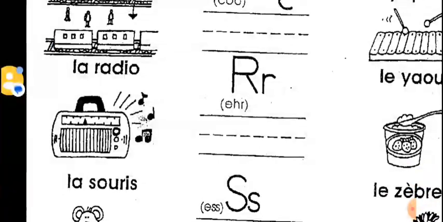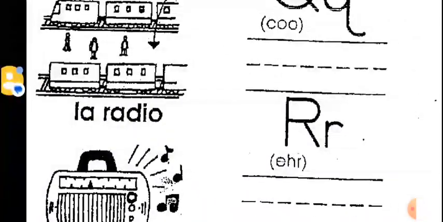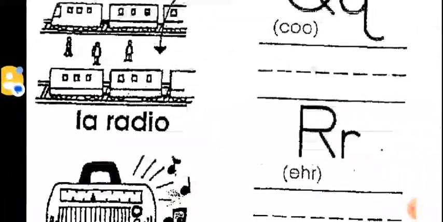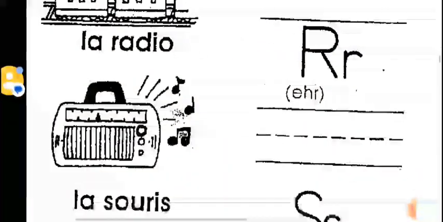Alright. The next letter is la lettre R. And for la lettre R, we have the word la radio, which should be an easy word for you to pronounce come this Sunday. So la radio is spelled L-A for la, R-A-D-I-O for radio, which gives the word la radio. Alright.